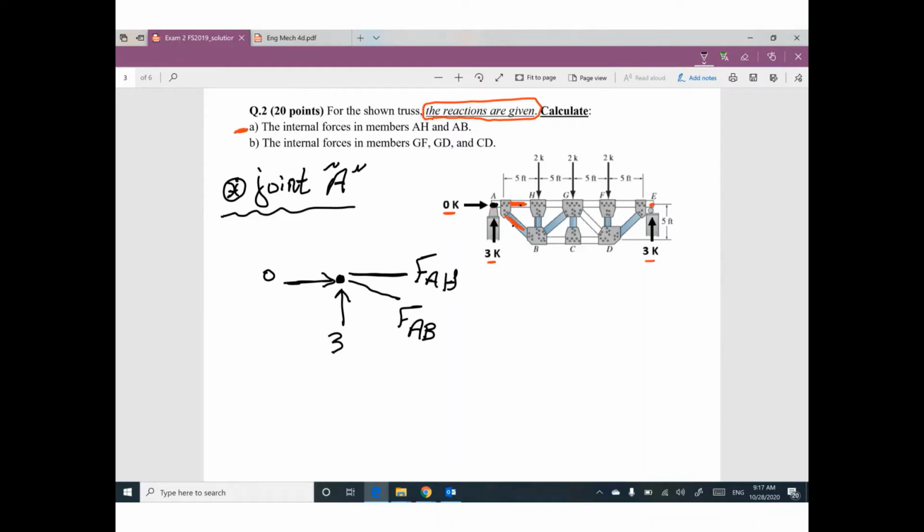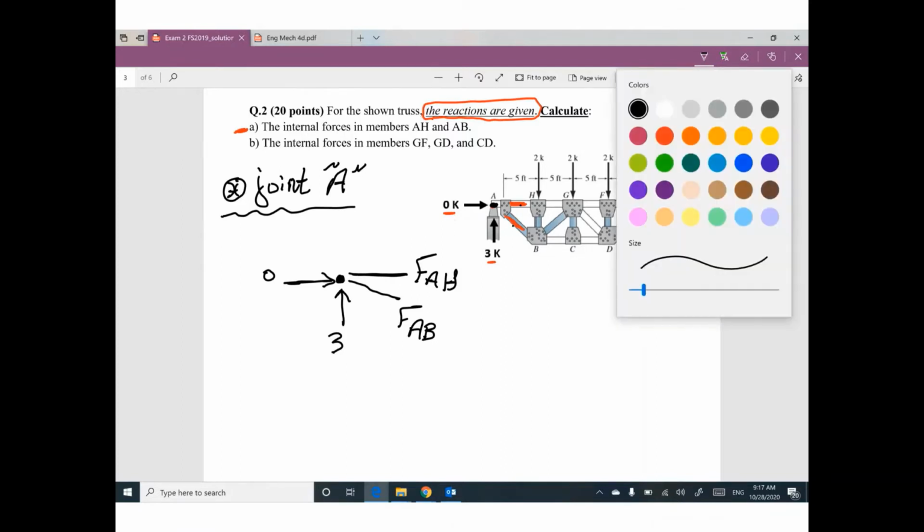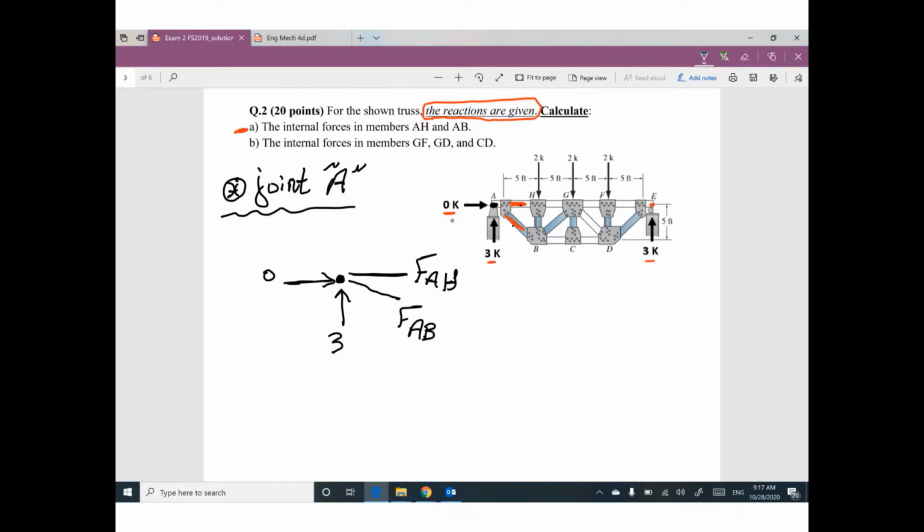Do you think we have anything else at joint A? I believe no. I'm going to assume this force like this, tension, and this force like this, tension. This angle theta will be inside this right angle triangle. The horizontal distance is 5, the vertical distance is 5, so this angle will be 45 degrees.